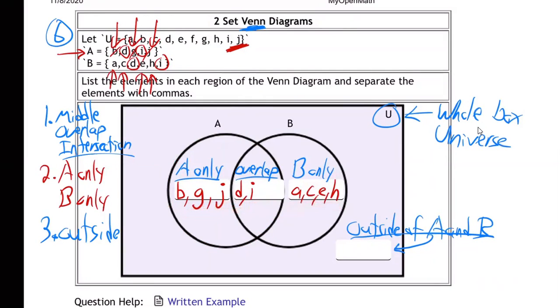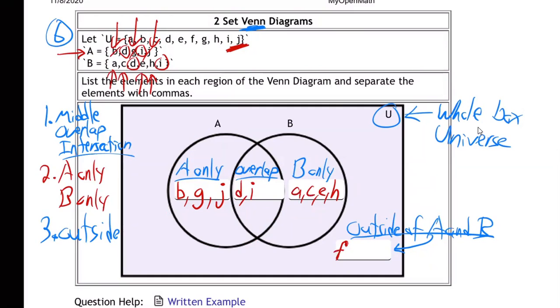So F is an outsider. Let's keep going. G, H, I, J. Yeah, all the rest, and we're done with the universe. So it's just F. F is the only outsider. That's the only letter outside of A and B that's part of the universe.